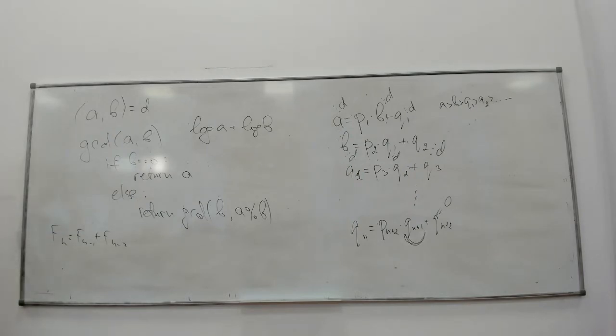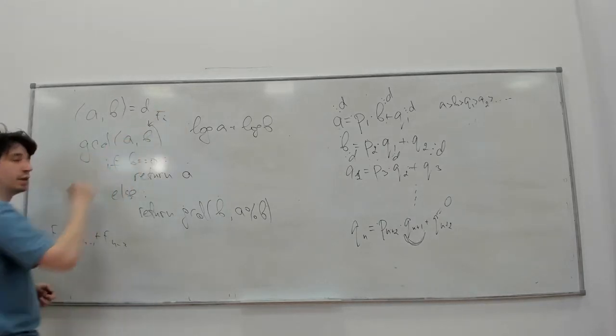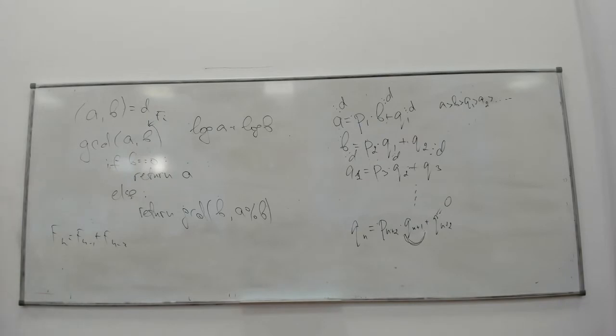Okay, good. The idea is that you can prove that at each moment B is less than some Fibonacci number. At the first step, it is less than some Fibonacci number Fn. Then after one iteration, A modulo B will be less than Fibonacci number n minus 2, and so forth. Each time it decreases by one index here, and it will finally become 0. At that moment, the number of iterations is determined by how large the Fibonacci number was.